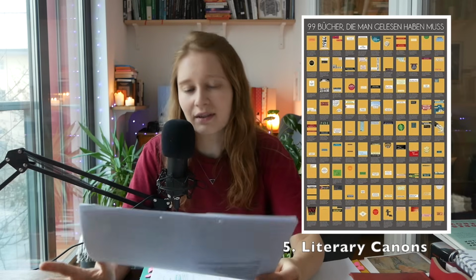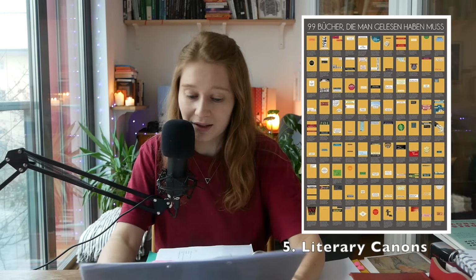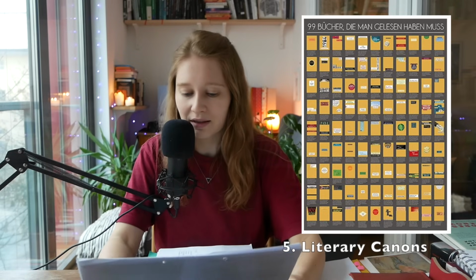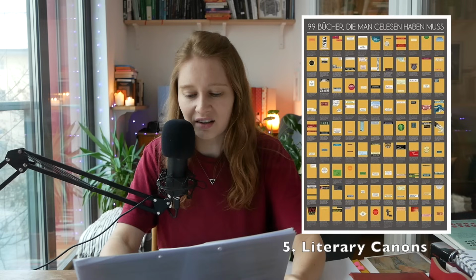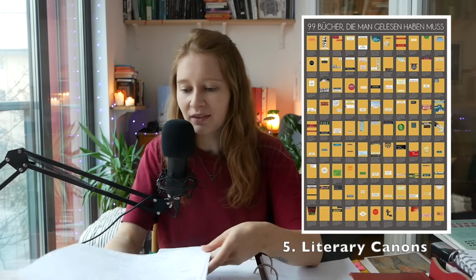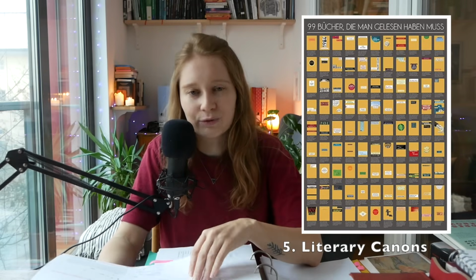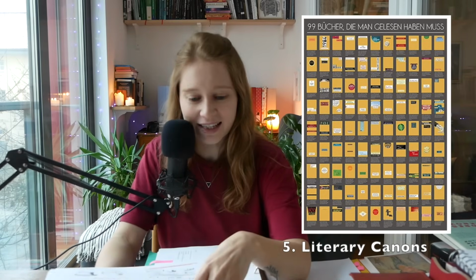Especially that it, for example, is centered much around European and American literature. It seems a little bit arbitrary. There doesn't seem to be a system behind it. It's also, again, mostly men. So yeah, we took that as an entry point into our discussion about literary canons.